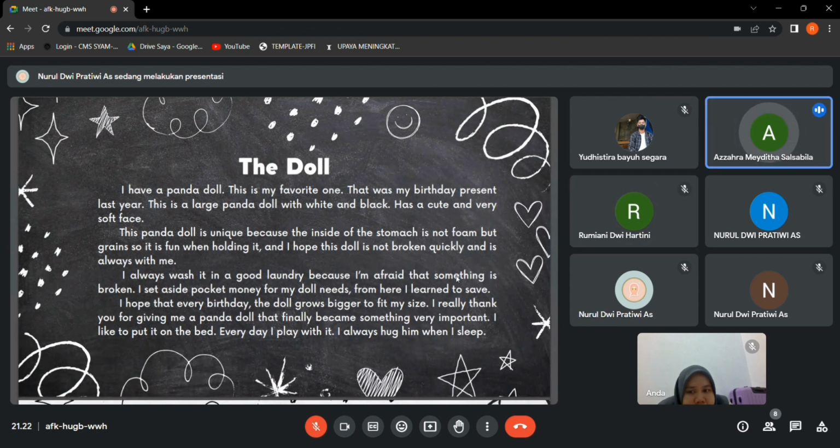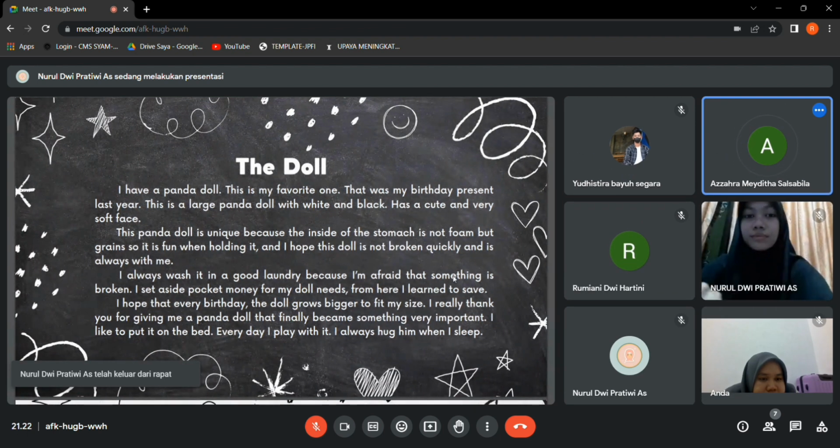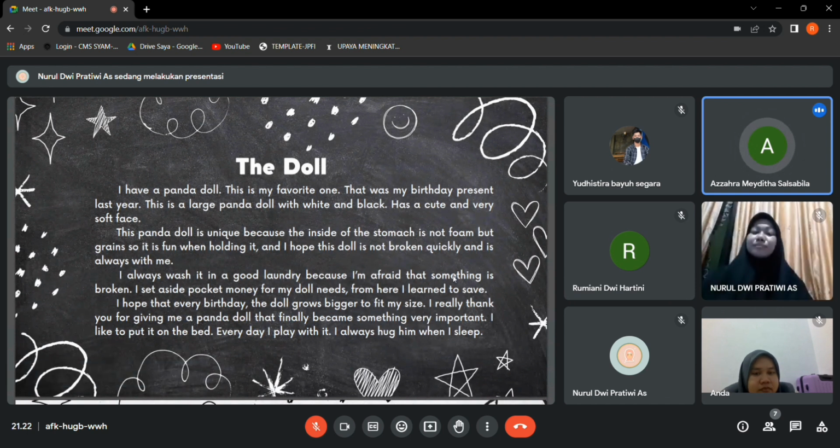Okay, and which paragraph is the description? The second and still the last paragraph, ma'am. Okay, the second, the third, and the fourth paragraph. I think you guys already understand the generic structure.